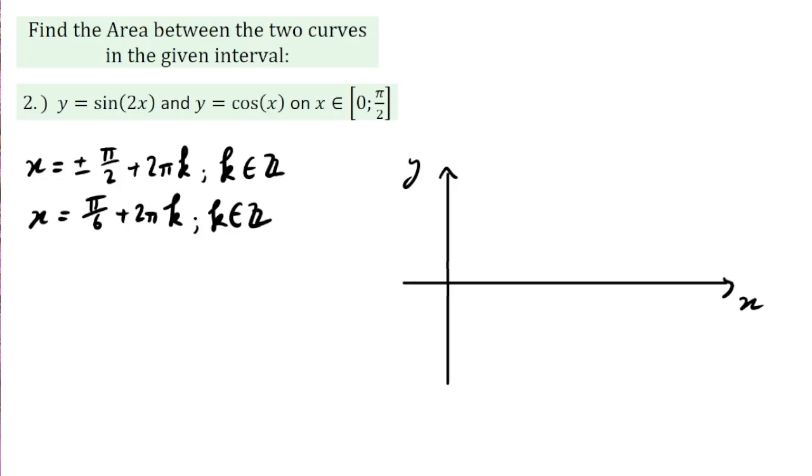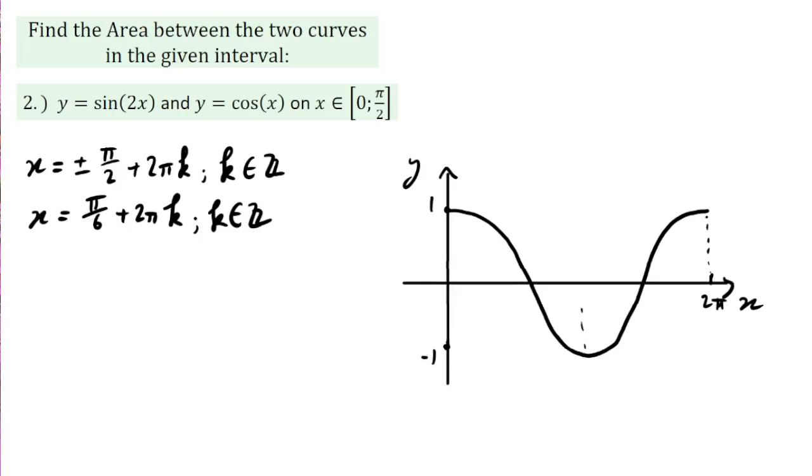And from here, which one is better to draw? Let's first draw cosine x. Cosine x is actually simple. We have it starting from 1, so y equals 1, and it has a minimum of negative 1. So it would look something like this, and then it ends at 2 pi.